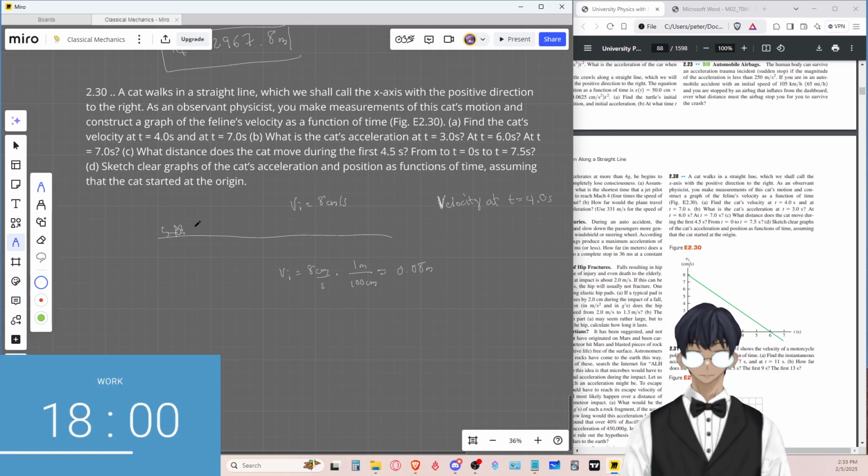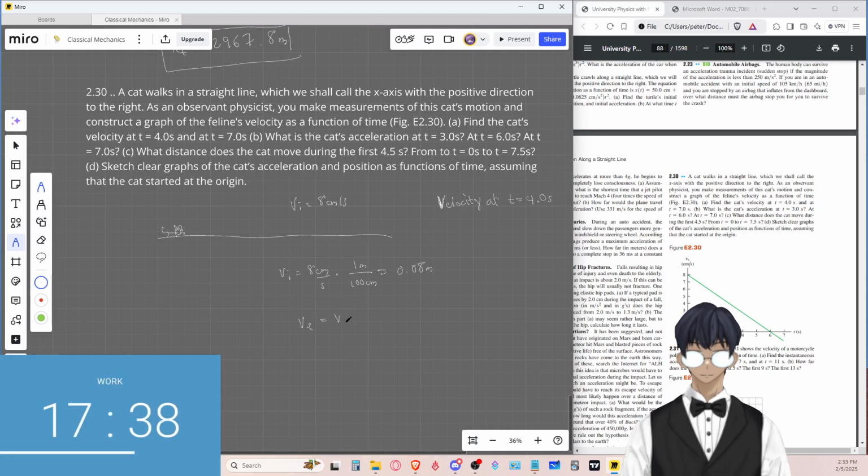Okay, so we know it's 4 seconds, so we have to find the cat's velocity at that time. So we have initial velocity of... okay, so we just need to find the final velocity when it's at 4 seconds.